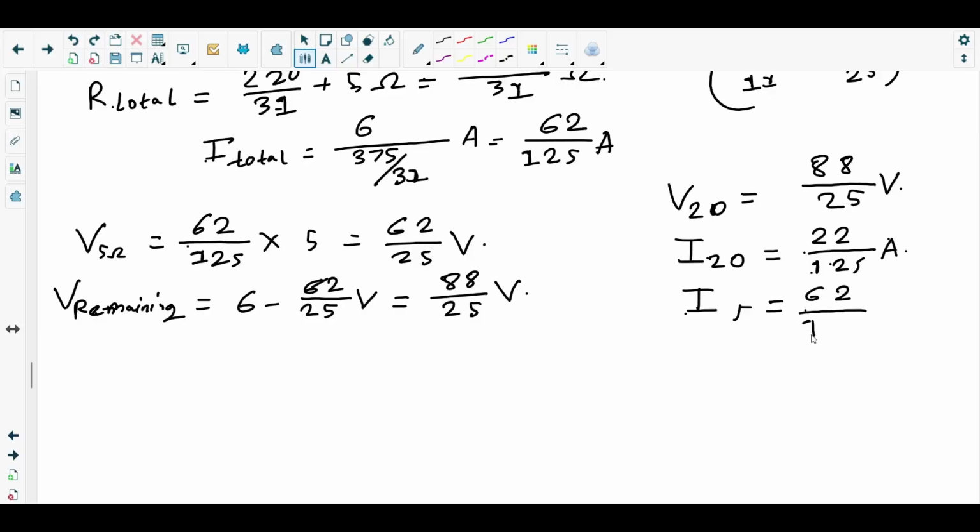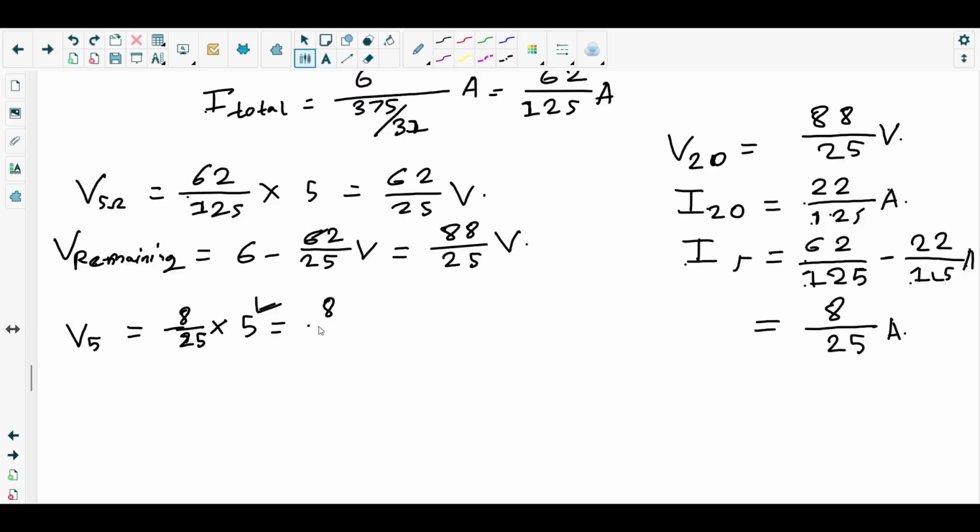Let me check again: 62 over 125 minus 22 over 125 is 40 over 125, which is 8 over 25. Sorry, that's 8 over 25. So 8 over 25 times 5 is basically 8 over 5, that is 1.6 volt.